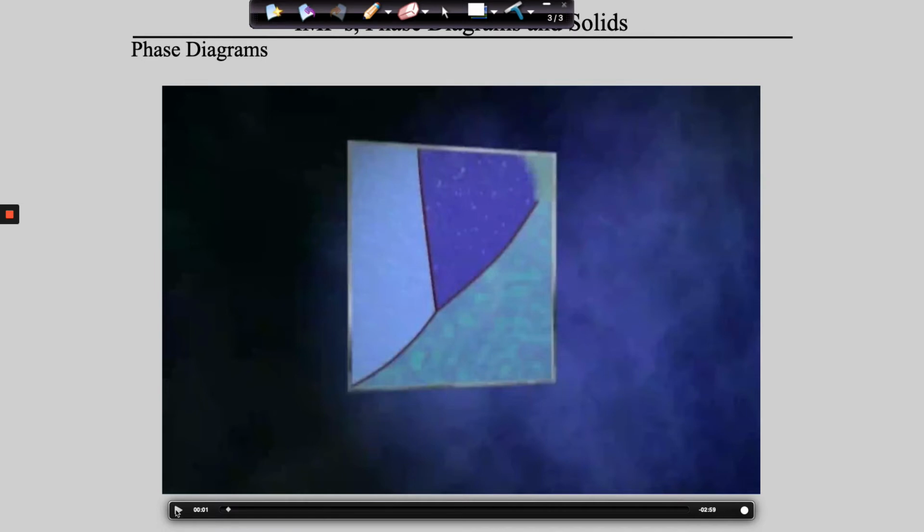Or what if you take a substance at this pressure and cool it? We've got our solids and our liquids and our gases and our temperatures and our pressures and our triple point and our critical point and all these things that we understand. But because this is a video, Kathy can now actually animate some of these things and think about changes.